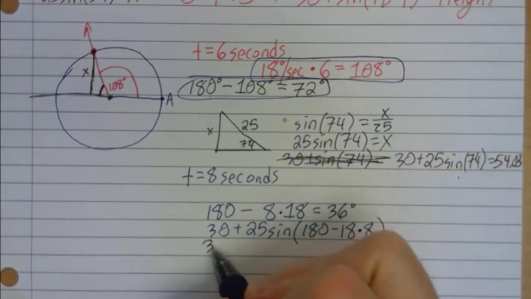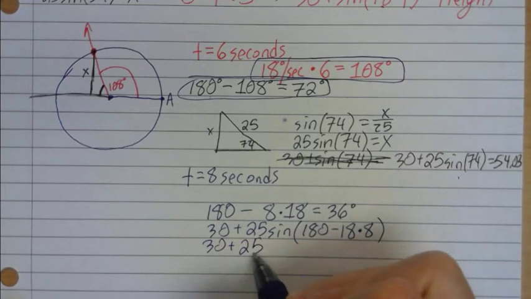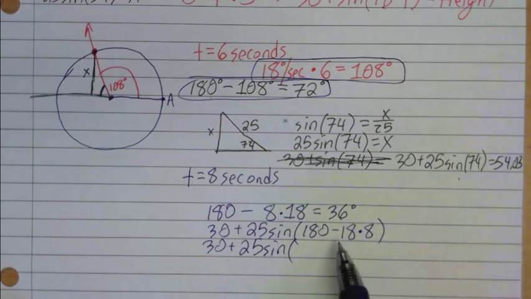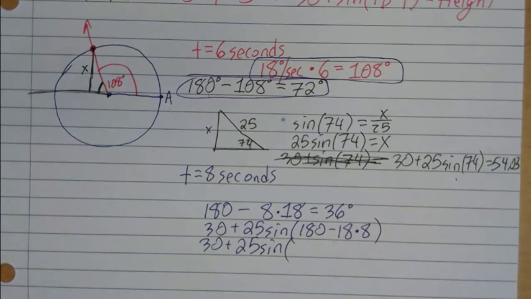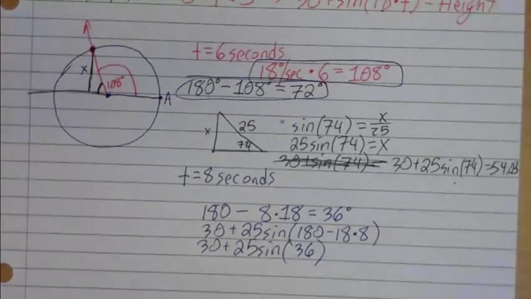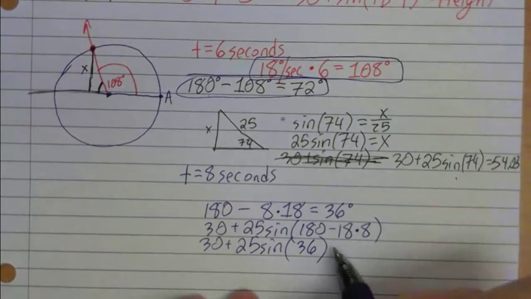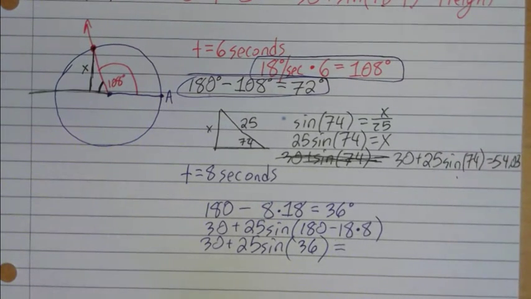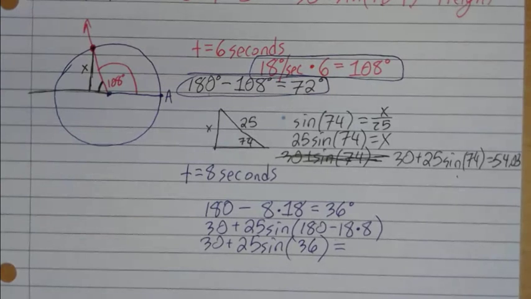Or in other terms, 30 plus 25 sine of 36 degrees. And so we have an answer that is basically the same as our 36-degree angle we did before, which ends up being about 44. Let's check it. 30 plus 25 sine of 36 equals 44.7.